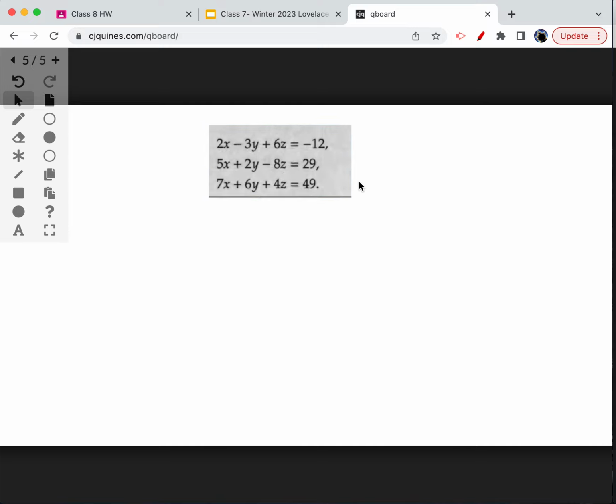You can use the same method from before of isolating some variable in terms of the other two variables, and then substituting that into the remaining two equations.